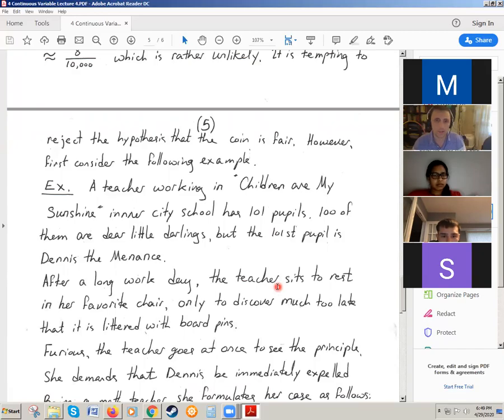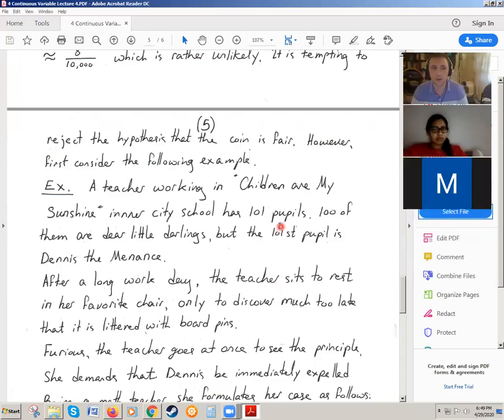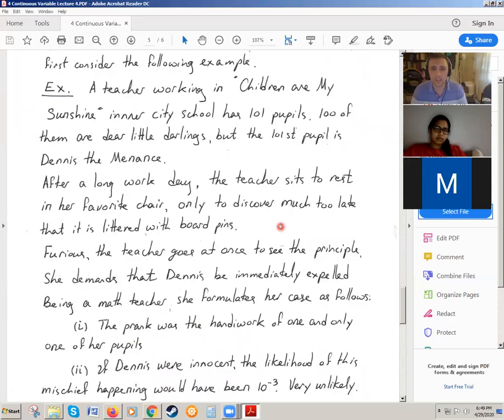Imagine that there is a teacher, working at an inner city school called Children Are My Sunshine. And in the school, you have 101 pupils. 100 of those pupils are wonderful darlings, but the 101st is Dennis the Menace. So after a day of work, the teacher sits to rest in her favorite chair, only to discover that there are pins on this chair.